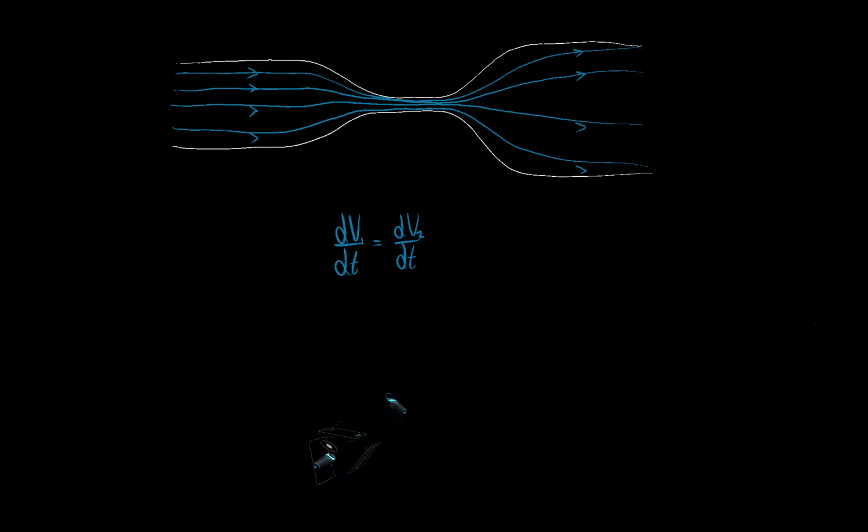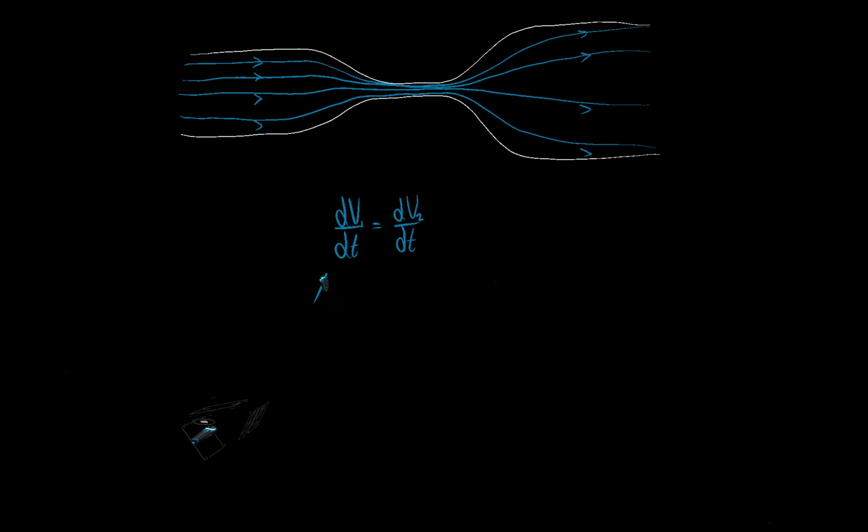So for an incompressible fluid, the amount of volume of fluid passing through an area per unit time doesn't change. And so this is A1 v1 equal to A2 v2.